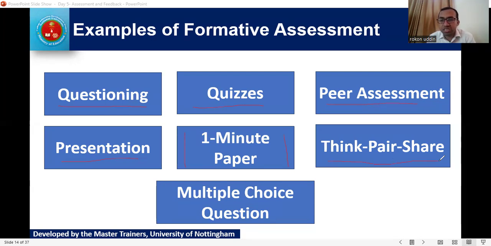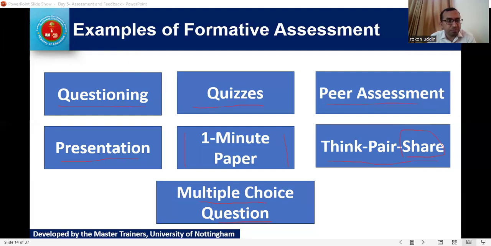When students share their ideas, you can assess their sharing, their responses. And also multiple choice questions, MCQ, can be another kind of formative assessment. So these are the examples of formative assessment that you can use.